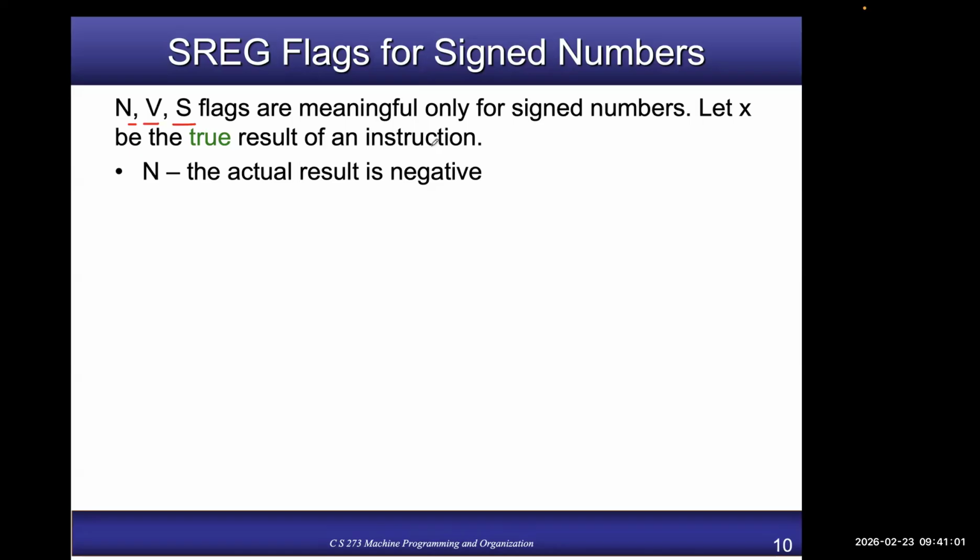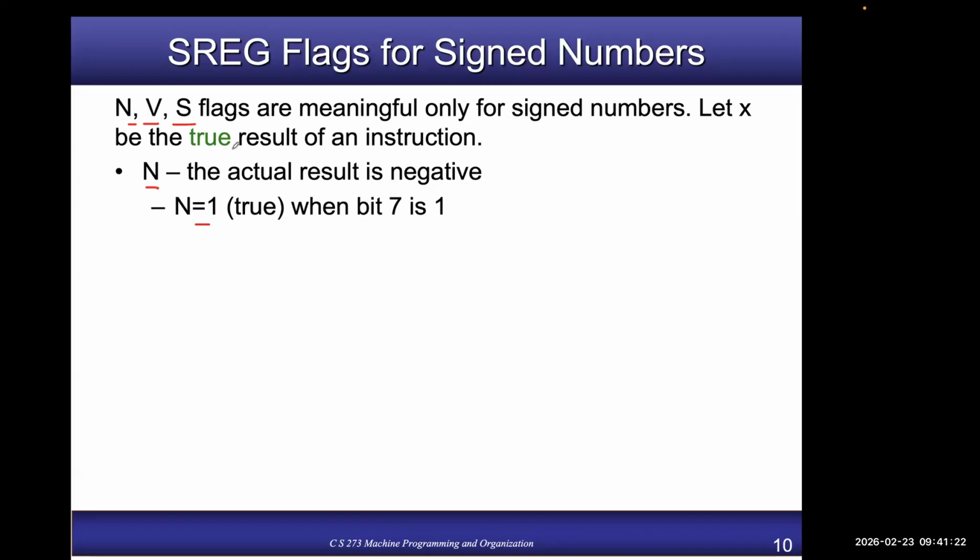What does it mean? The true result of an instruction, for example an add instruction, where you add two signed numbers or subtract two signed numbers. So N is the actual result. If N tells us that the actual result is negative, this bit or flag in the status register will be set equal to one. If it is set equal to one, it means that the result is negative.